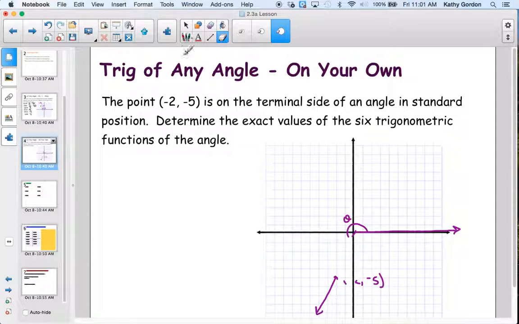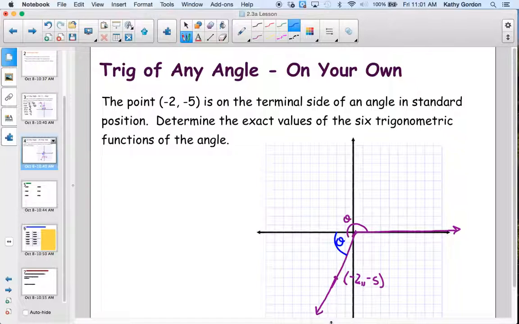I should have made that smaller. Okay, let me fix stuff here. But make sure that your reference angle is always between your terminal side and your x-axis, not the y-axis. Okay, so it's this part in here that we want for reference.